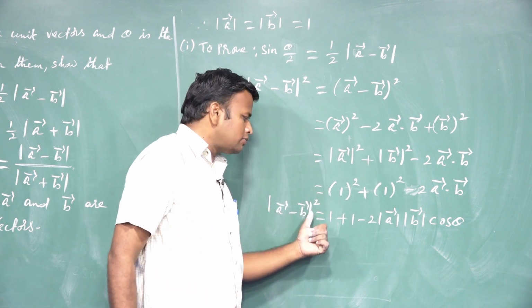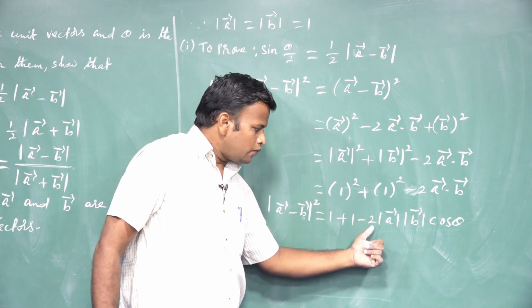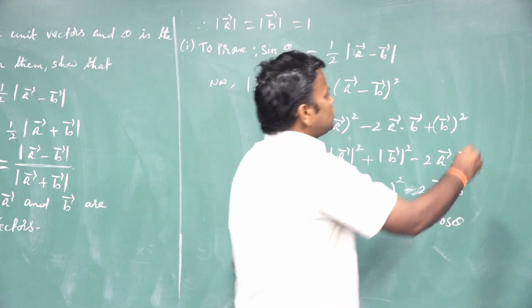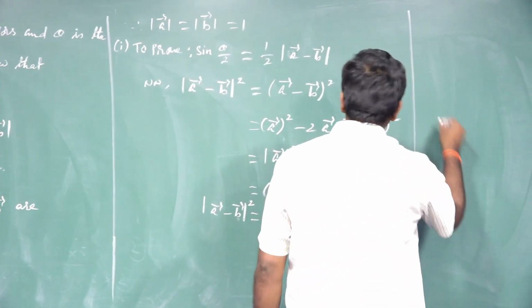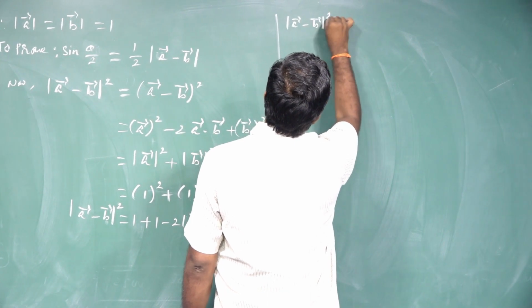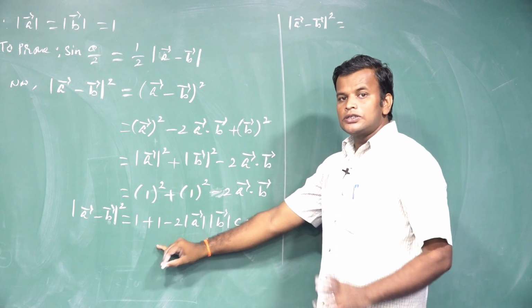A vector minus B vector the whole square. Now 1 plus 1 is 2. Minus 2 of, again, modulus A modulus B value is 1. So that value becomes modulus A vector minus B vector the whole square is equal to 1 plus 1 is 2.